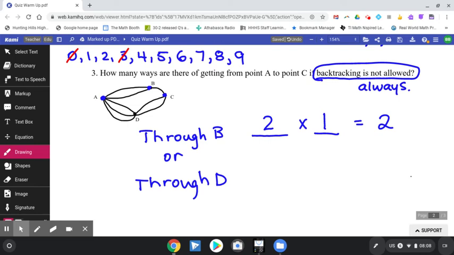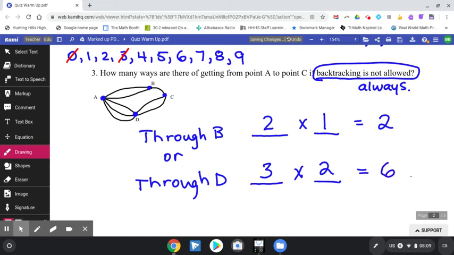Now let's look at going through the bottom half, going through point D. Two decisions to be made again. First one is, how am I going to get from A to D? So there's three ways to do that. And then how am I going to get from D to C? Two ways to do that.